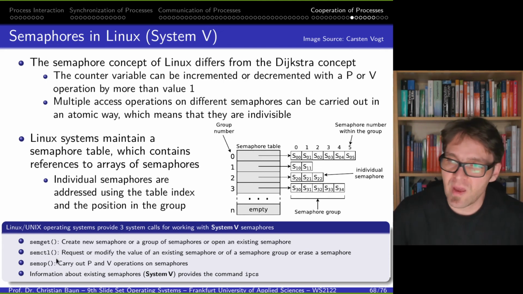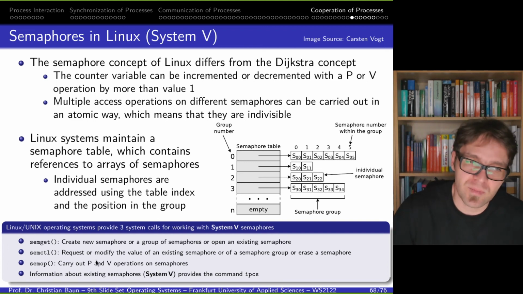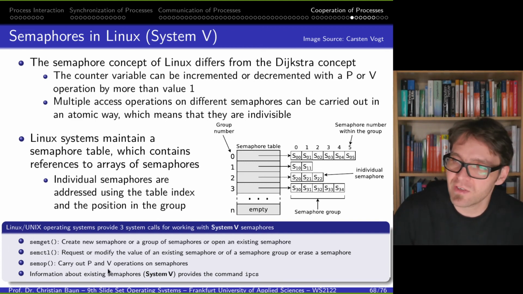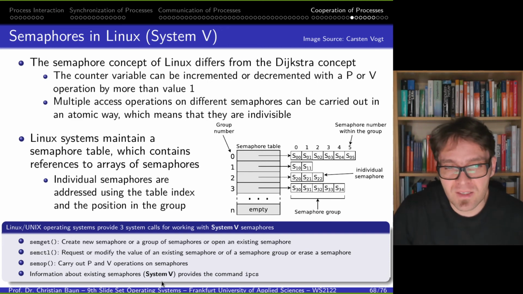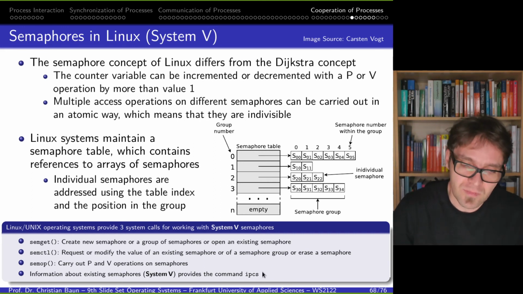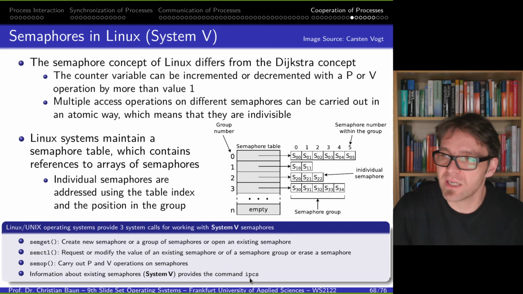We have semop for carrying out P and V operations on semaphores or groups of semaphores. And if you want to learn about the state of your semaphores on your system, you have again the command line tool ipcs, which we had last week.